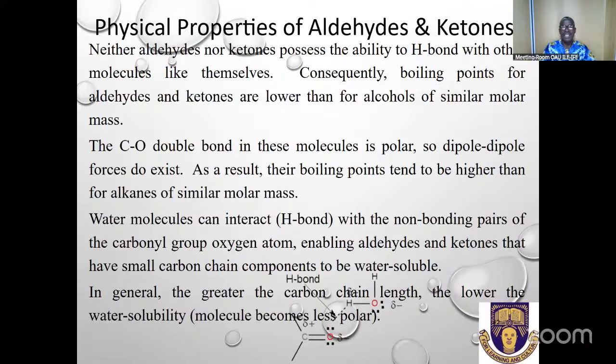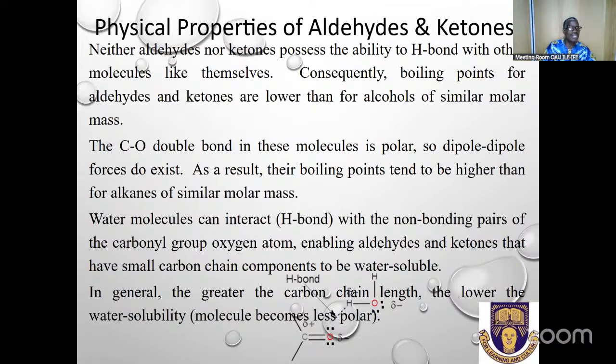Consequently, boiling points for aldehydes and ketones are lower than that of alcohols of similar molecular mass because they cannot hydrogen bond, just like alcohol would do. So therefore, you know that hydrogen bonding leads to high boiling point.